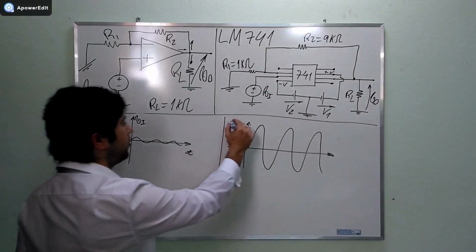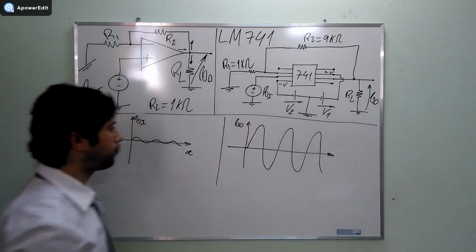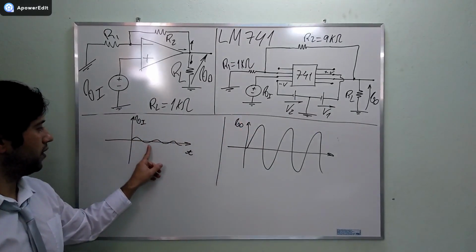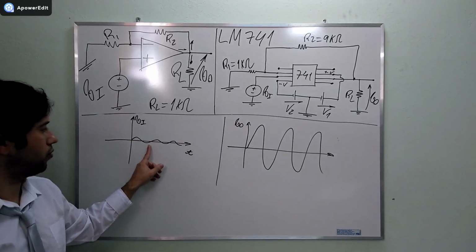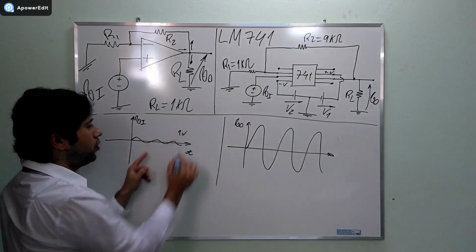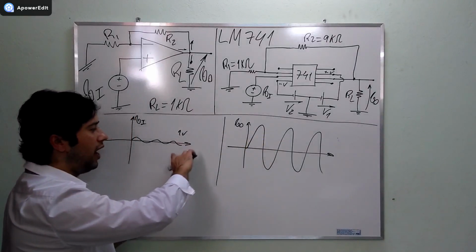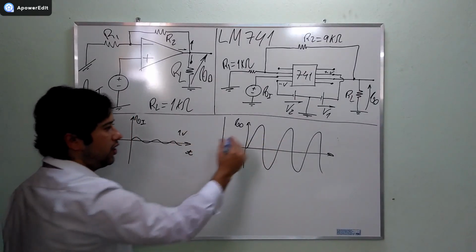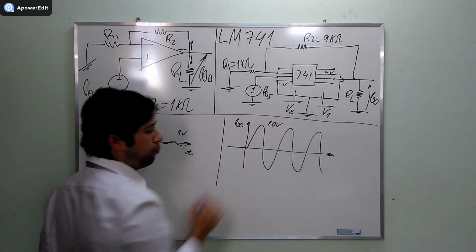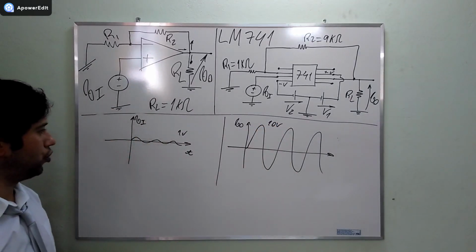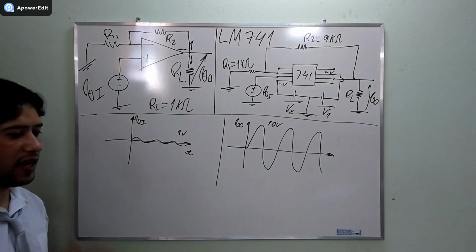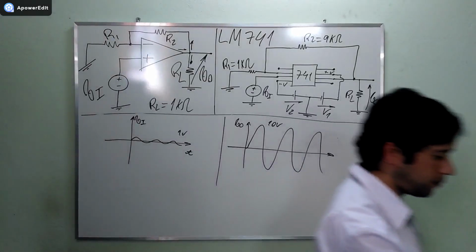So this is V0. This is the input, this is the output. The input signal is 1 volts, and the output, the amplified version, is 10 volts peak. Do you guys fully comprehend what's going on here? Alright, let's move on to letter B then.